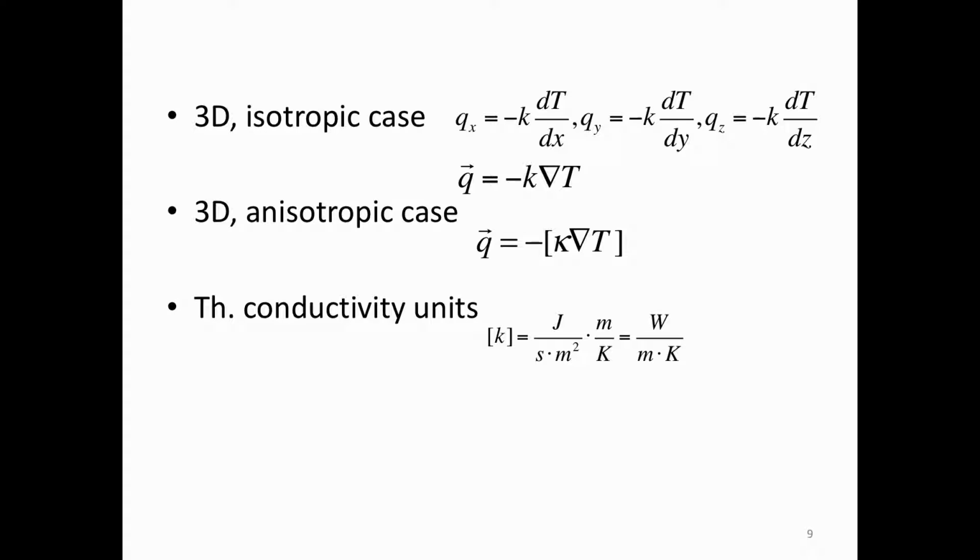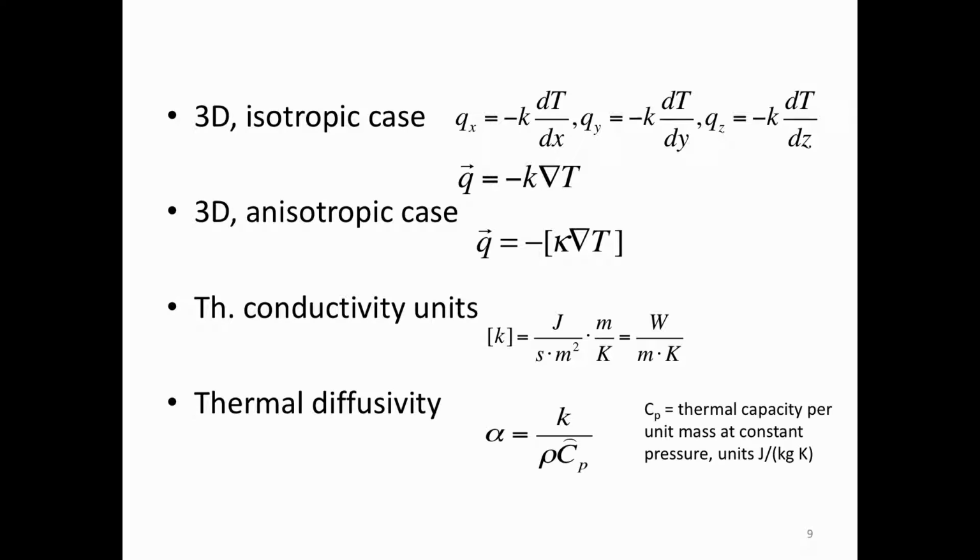My thermal conductivity units are derived from Fourier's law. I have energy per time, then meter squared is the area, and then the inverse meter over K for my gradient. So that is basically watt per meter Kelvin.